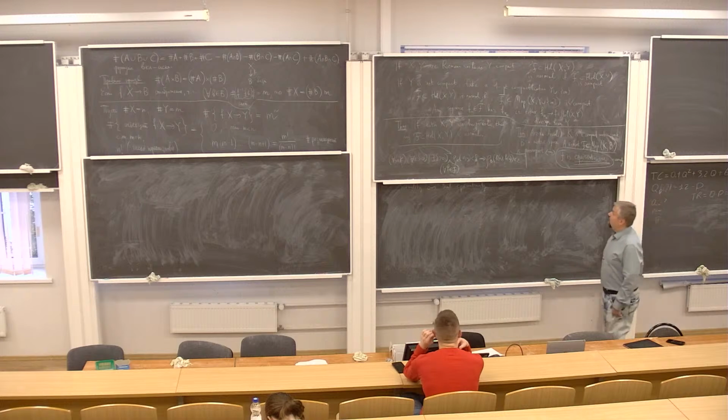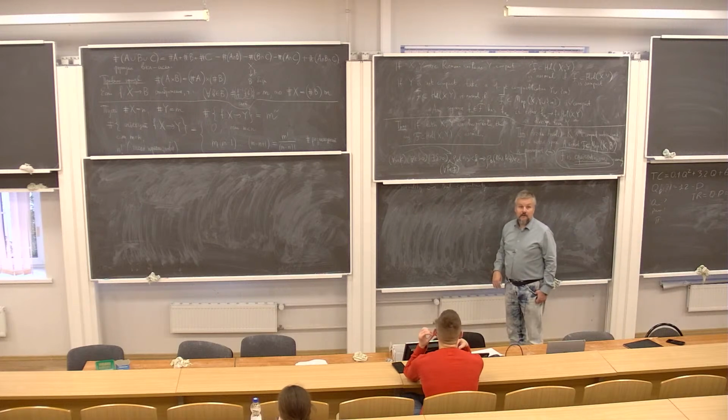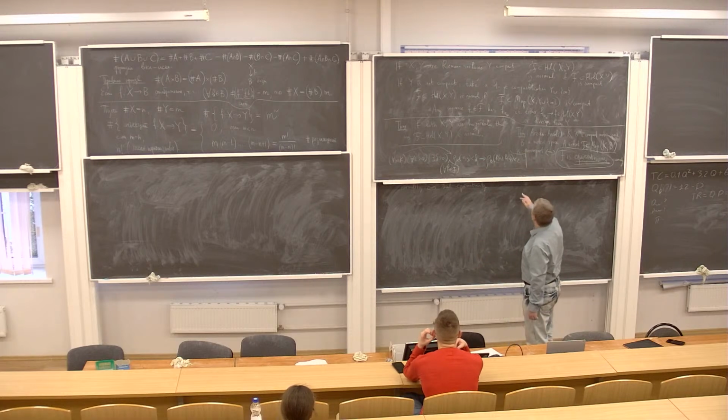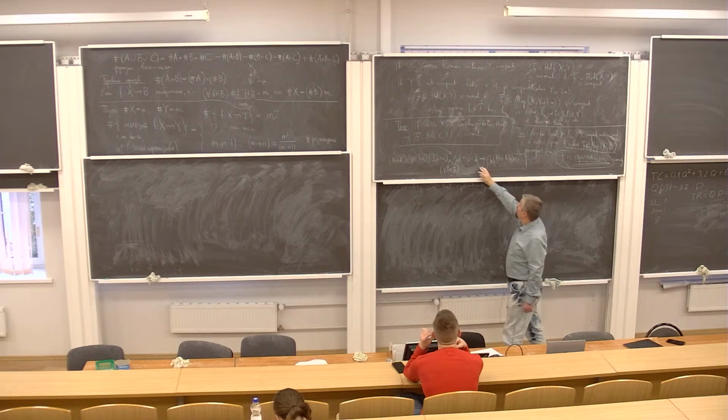And now to prove the theorem is very easy. It's just one sentence. I need to see that I can choose delta independently of f.